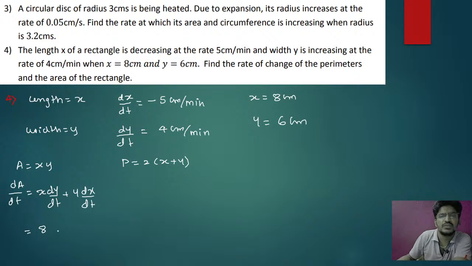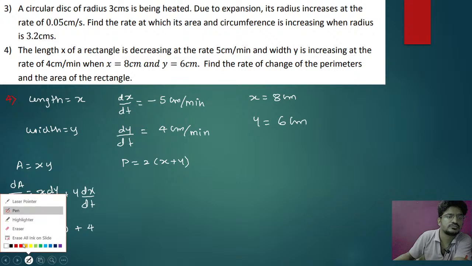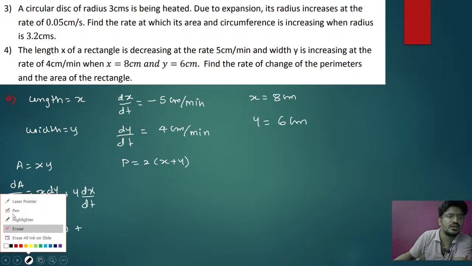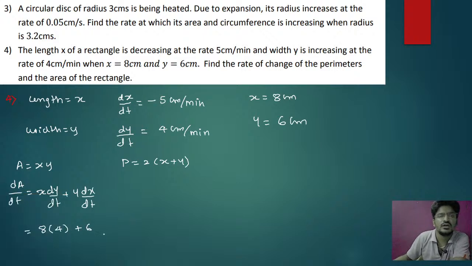X is 8 centimeter, dy by dt is 4 centimeter, y is 6 centimeter, and dx by dt is minus 5 centimeter. So 32 minus 30 is 2 centimeter square per minute.